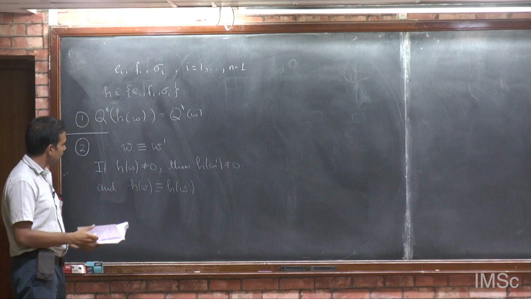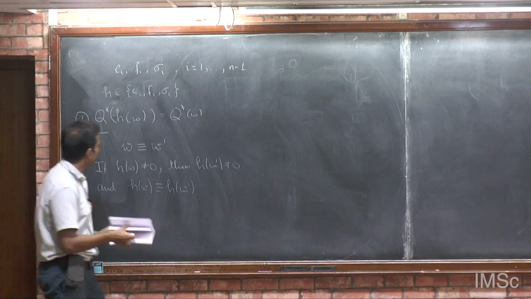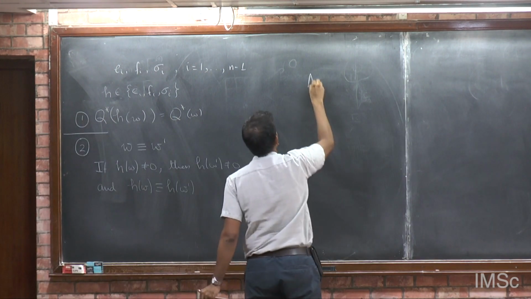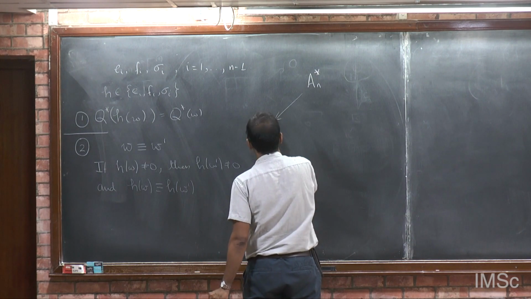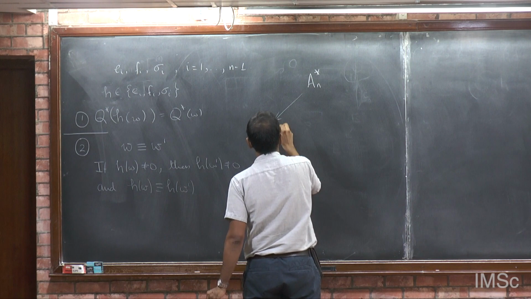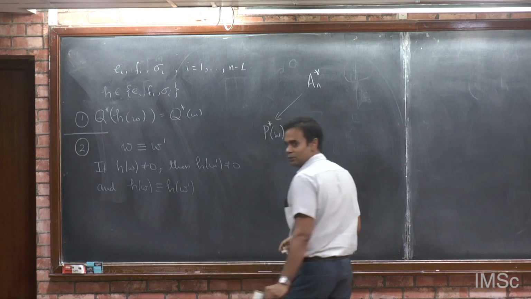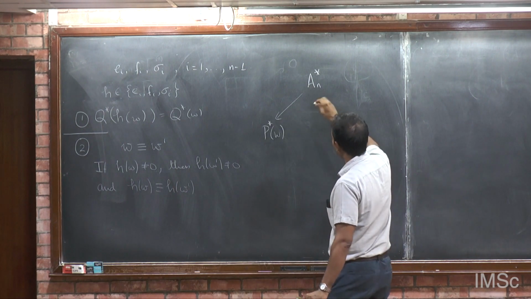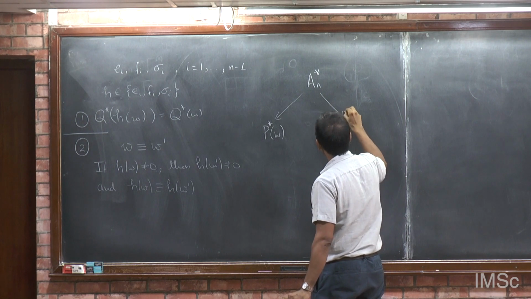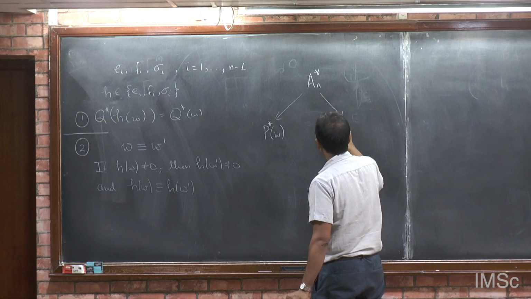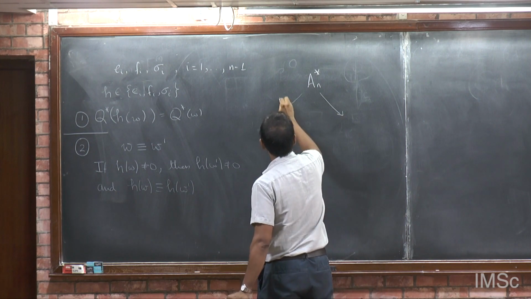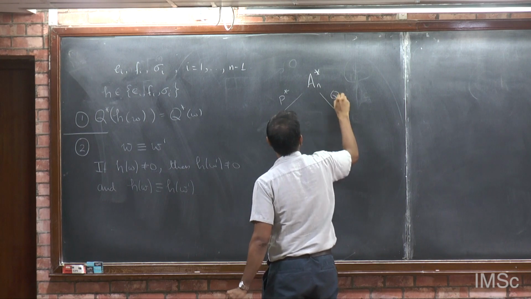So what we are saying is that we have these words, and on the one hand you can find the P W, or maybe P star W. This is the Robinson correspondence. It gives you two components. On the other hand, you get a standard tableau, Q star W. So maybe I should write it like this: P star, Q star.